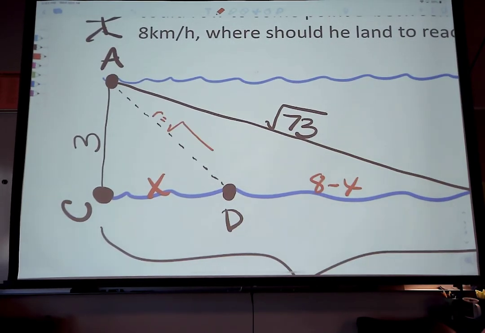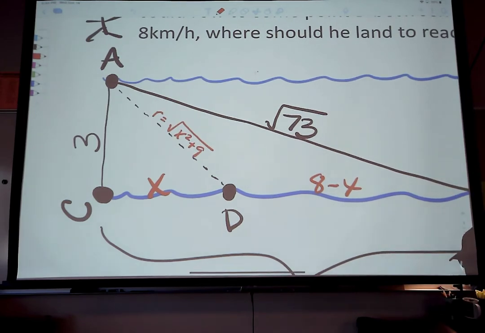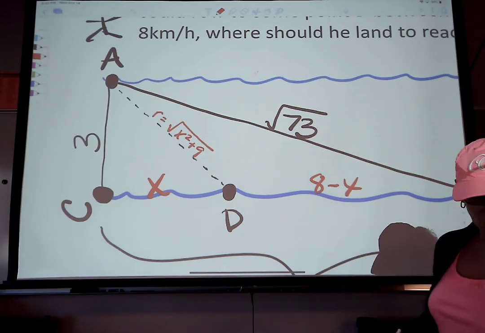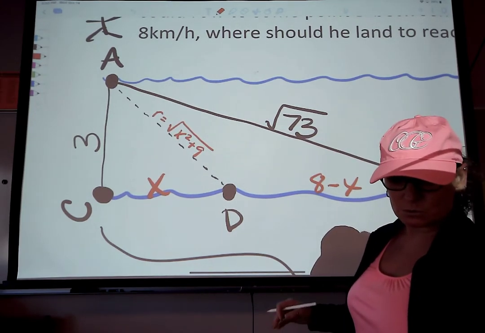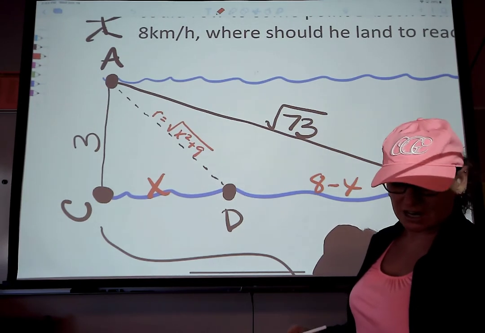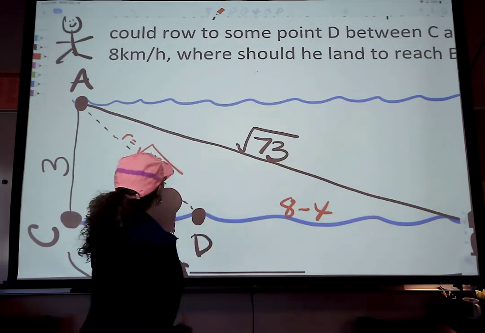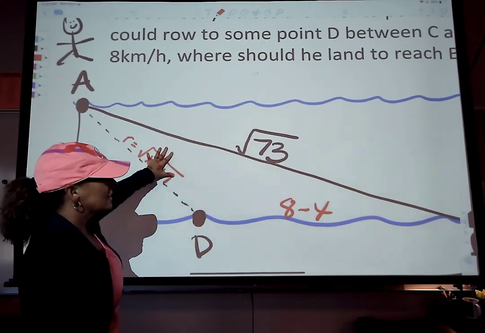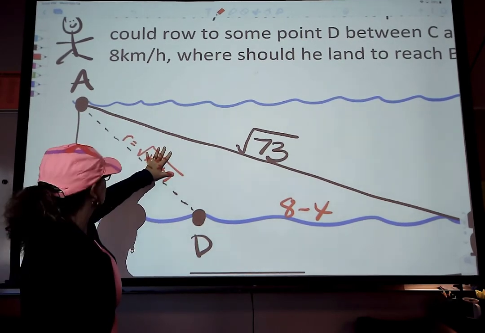Okay, so in this third column that I've made in your notes, let's put a representation of time. So what's going to happen, he's going to row this distance at a rate of 6.